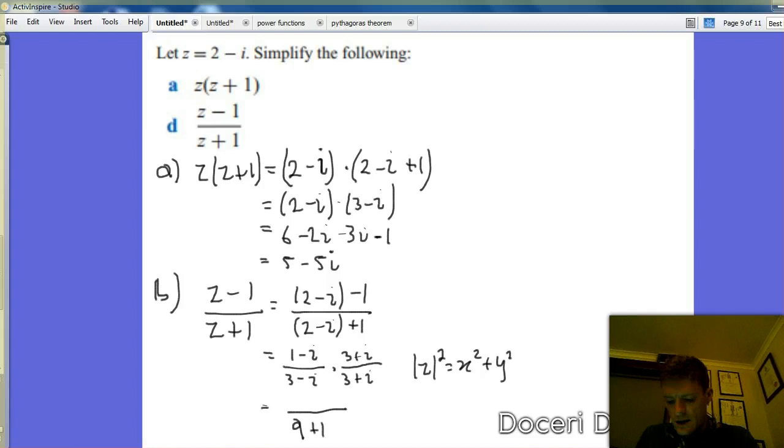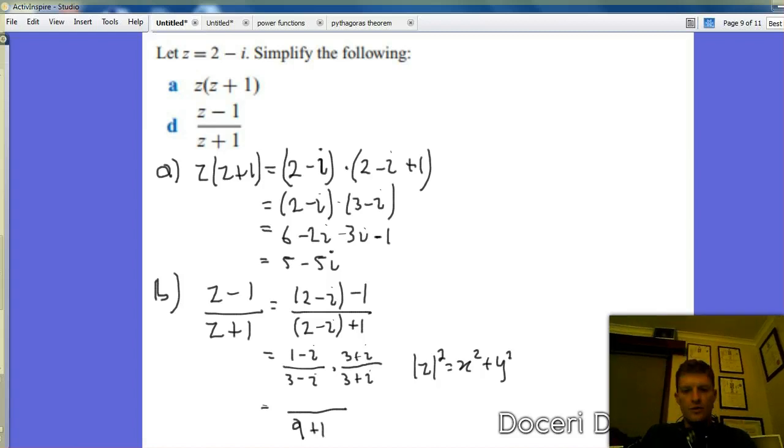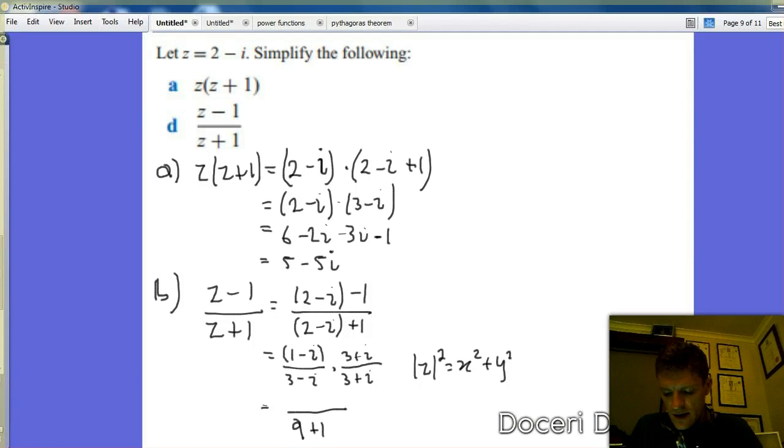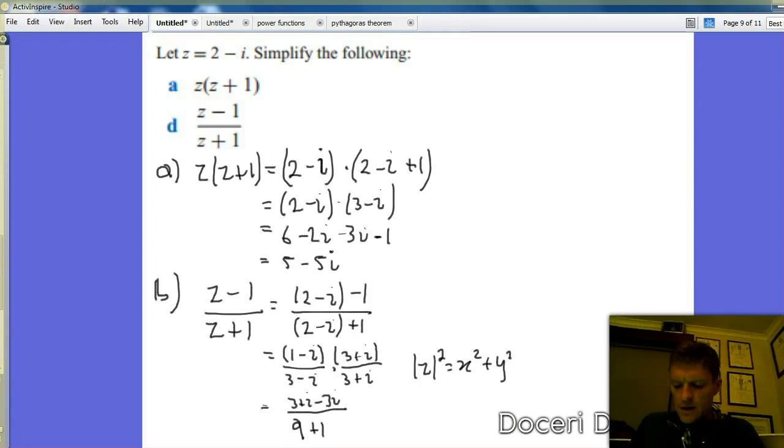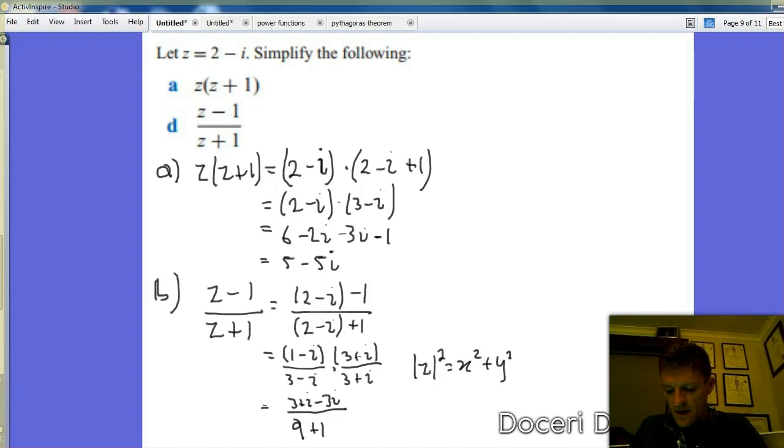plus 1. And our numerator we have treated as double brackets. So 1 times 3 is 3, plus i minus 3i, and we have now i squared, which is negative 1, and that negative 1 multiplies another negative, so it becomes positive 1.